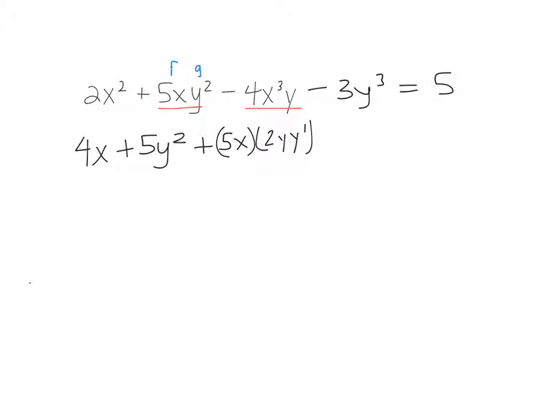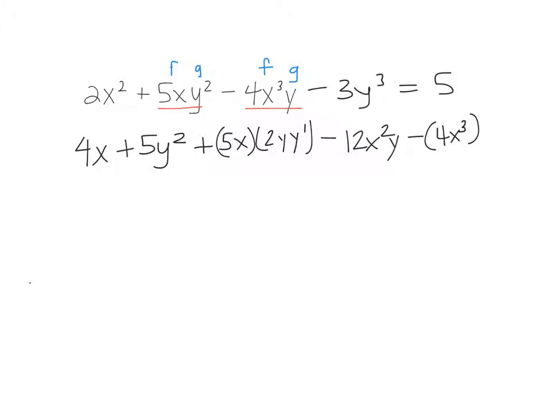Then I go minus, and I do the same thing. This is f, this is g. The derivative of f would be 12x squared, and g would just be y. Then I put another minus, because I know it's going to be negative, and I do f g prime. What would g prime be here? y prime.